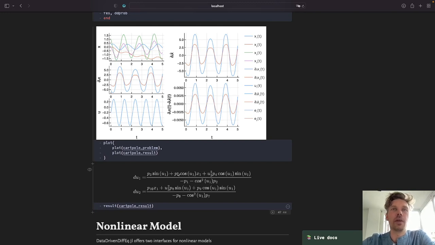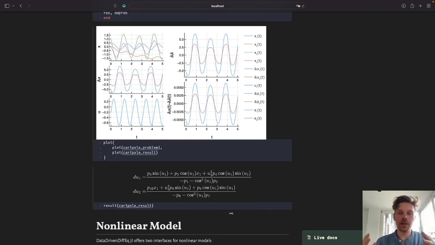So here we have our torque, which is acting on the pendulum, and we have our linear force, we have our Coriolis terms, and we have the denominator of both equations. So this concludes the linear part.